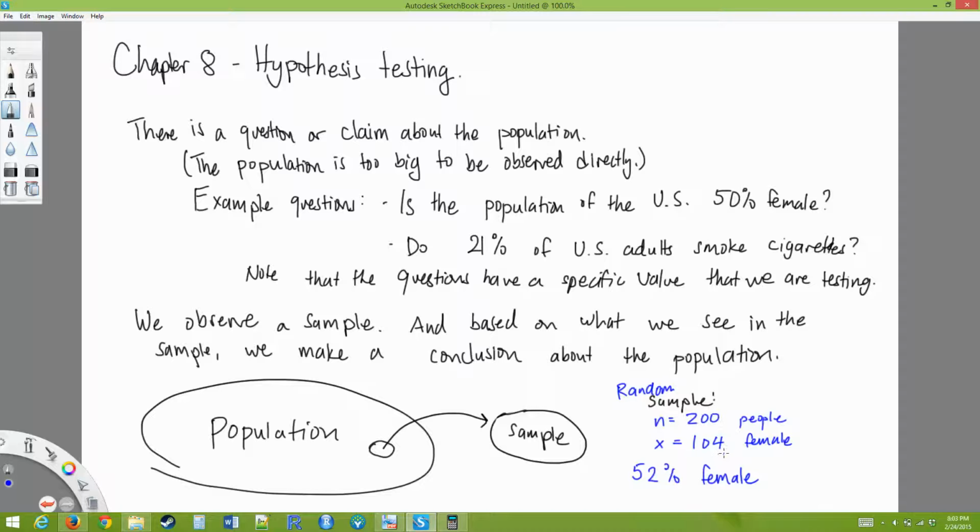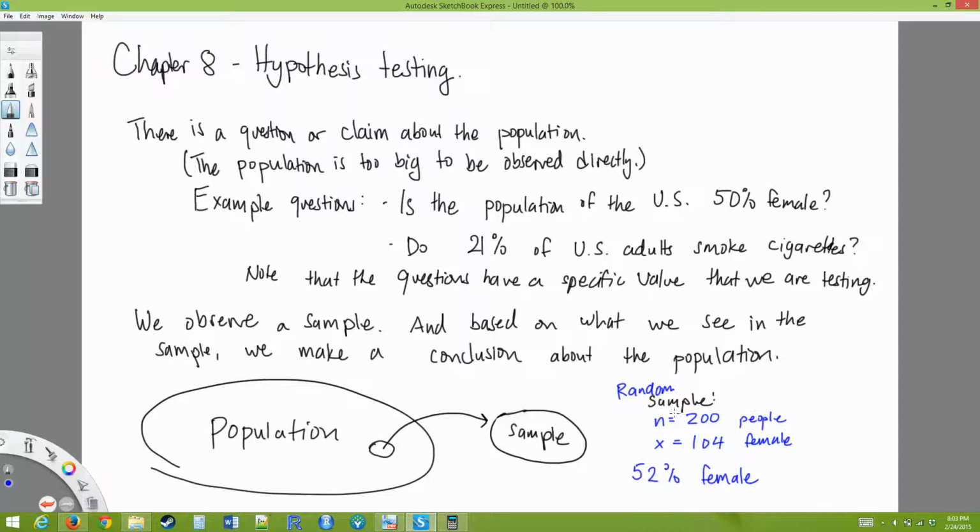And this is a randomly selected sample. So if somebody else had taken a sample of 200 people, is it quite possible that they got 98 females rather than 104? Yes. Yeah, okay.